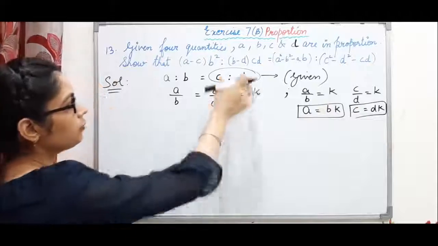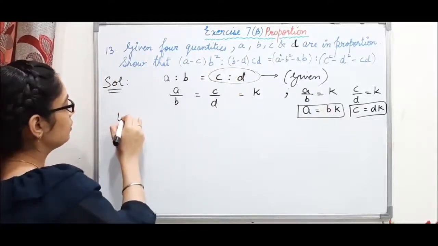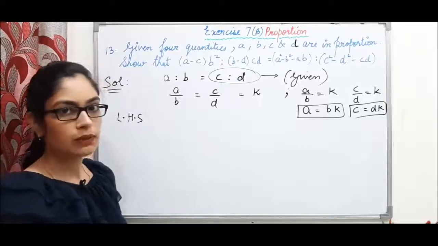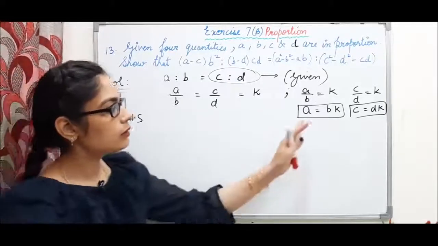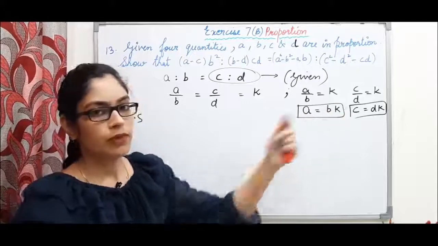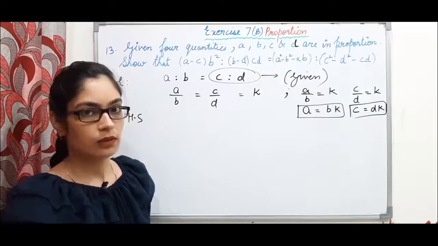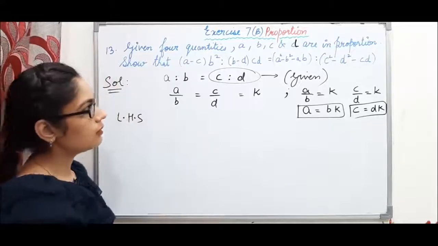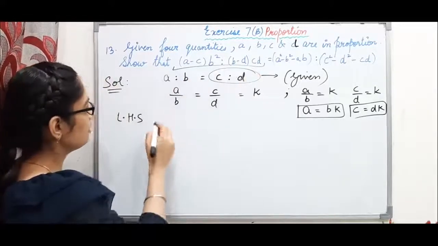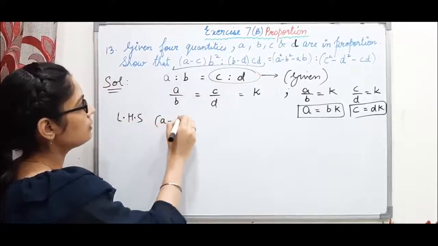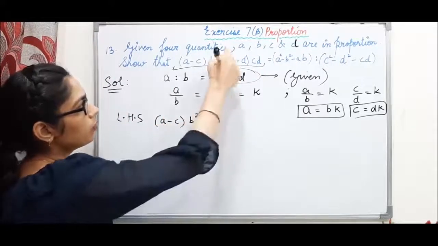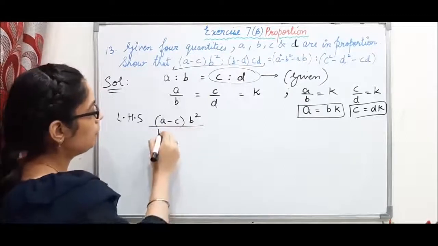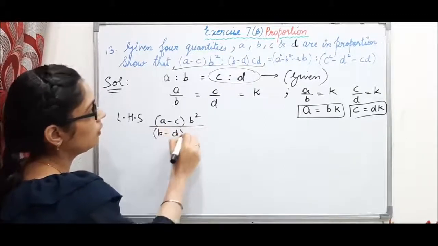So let's start from the left hand side. We just have to prove that left hand side equals right hand side. Since I have written the values of A and C, I want you to also try along with me and experience yourself. So this is (A minus C) into B square is to (B minus D) into CD.